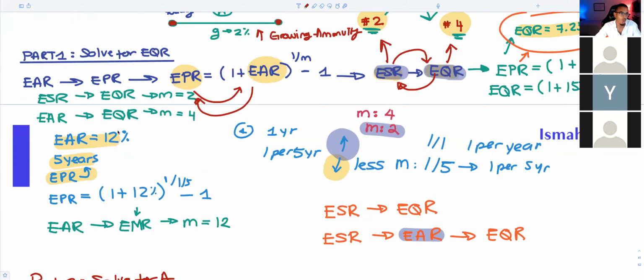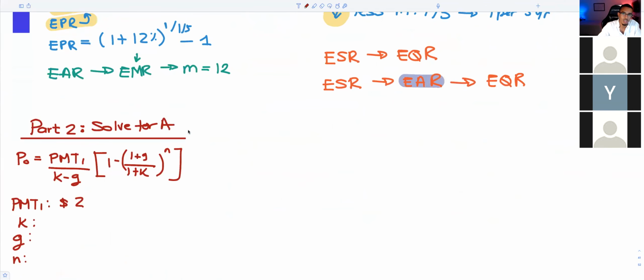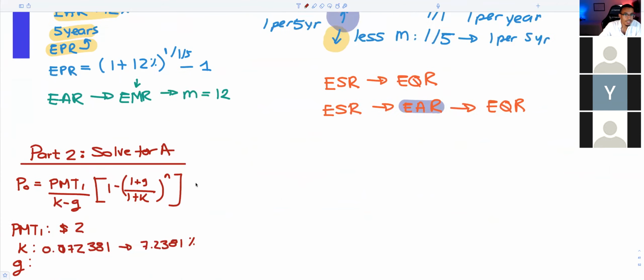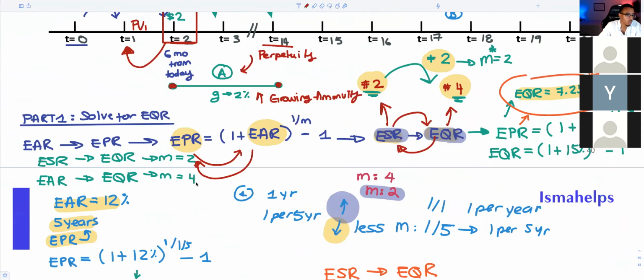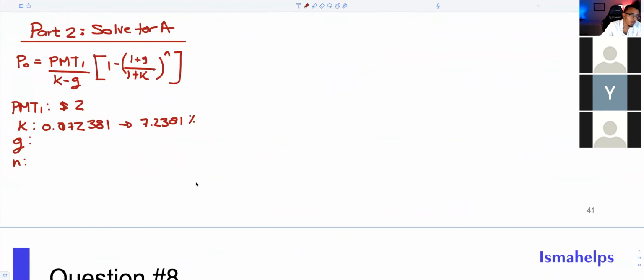If we know we're working on a quarter-to-quarter basis and we found our whole number exactly, our K would be 0.0723, in other words 7.2381%. And in this case, our G is growing every single year by 2%.